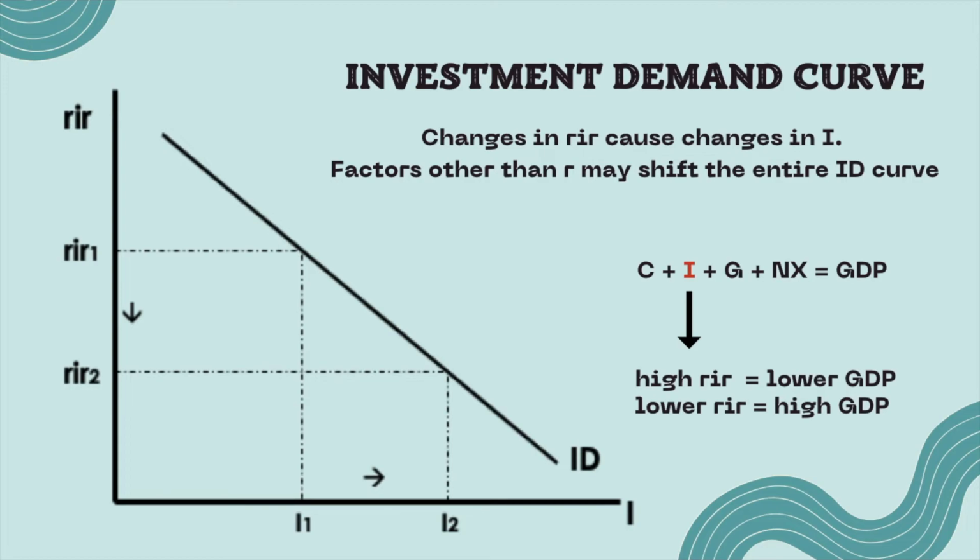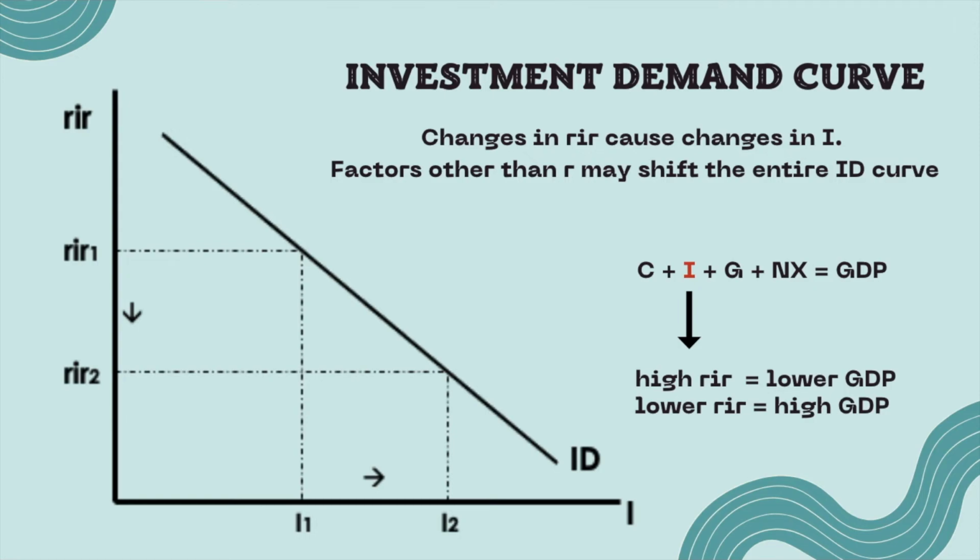Now, once again, remember that this I is the I in the C plus I plus G plus NX equals GDP formula, the expenditure approach to calculating GDP. What this means is when we have higher interest rates, investment spending is going to tend to be lower.